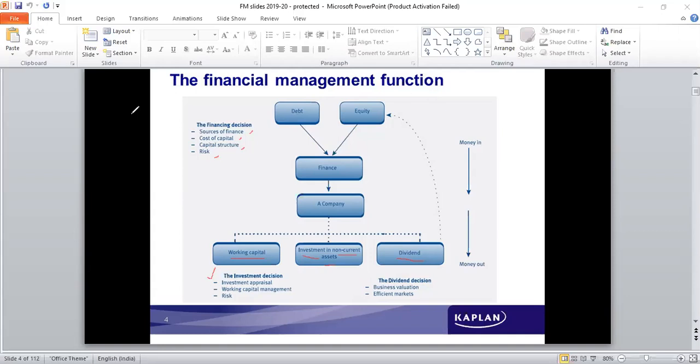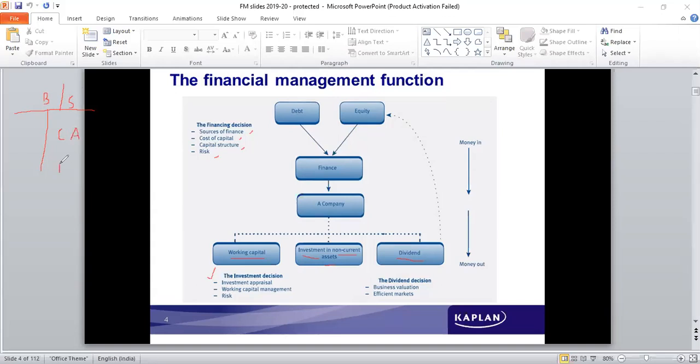If this is a condensed form of balance sheet, we see that on the asset side there are two different types of assets, a very broad classification. We have current assets, which are also called short-term assets.